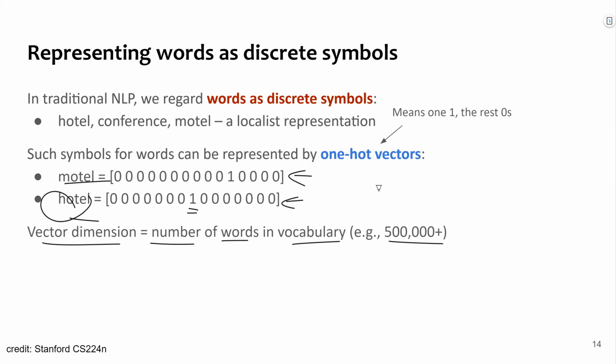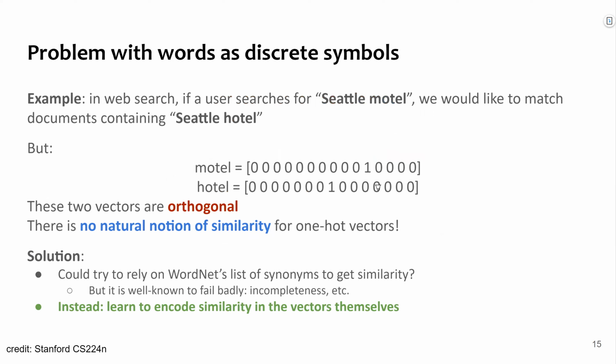Therefore, even though the vector dimension is very high, it contains relatively little information because only one element is one. And another problem is that we can't do anything useful with this type of representation. This is an example.